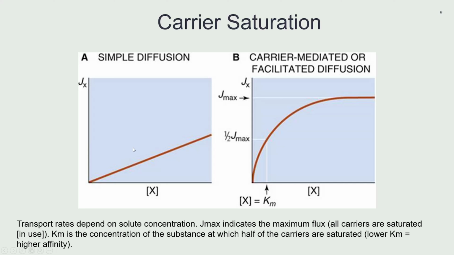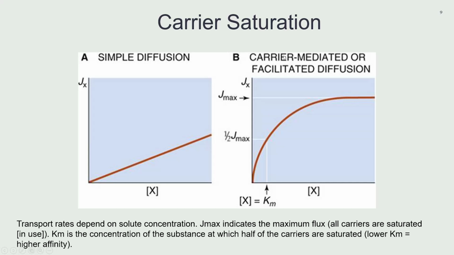Remember, in simple diffusion, while there is a concentration gradient, the diffusion will occur. If there is a greater concentration gradient or difference, the diffusion will occur faster. Theoretically, it can be infinite, and it occurs in a linear fashion.